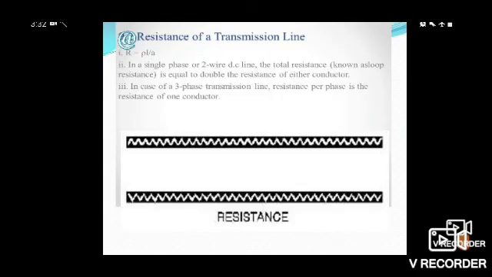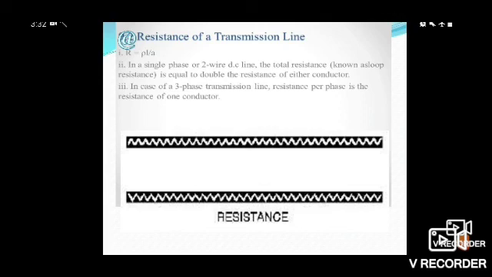And what is resistance? I have told that resistance is defined as the sum of the resistance of both wires per unit length of line, which can be given as ohms per kilometer.